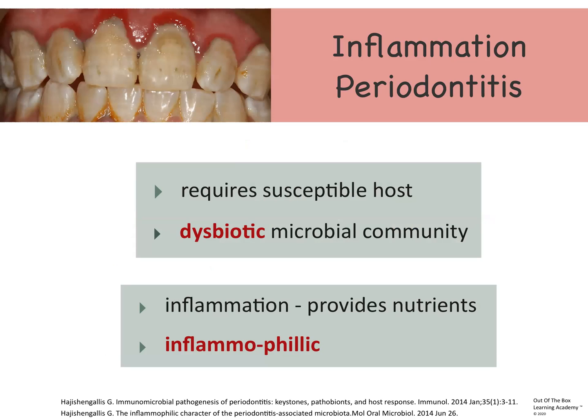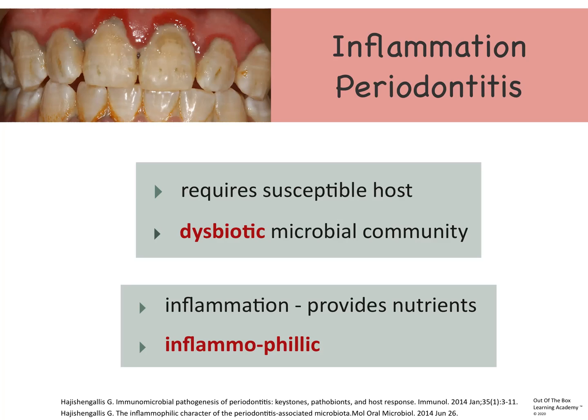One of my favorite authors about this subject is George Hajishengallis. He's an absolutely phenomenal writer who does an incredible job of explaining dysbiosis and all things considered in that area. What he says in his writing is that the inflammation provides the nutrients so the pathogens can grow and support each other.